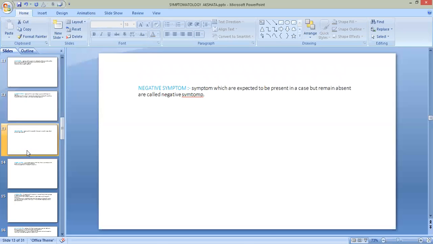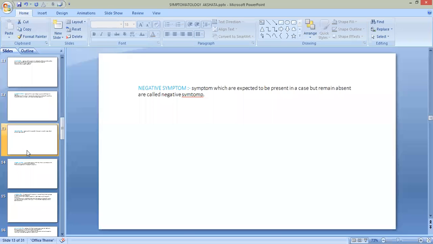Then negative symptom. The symptoms which are expected to be present in a case but remain absent are called negative symptoms.